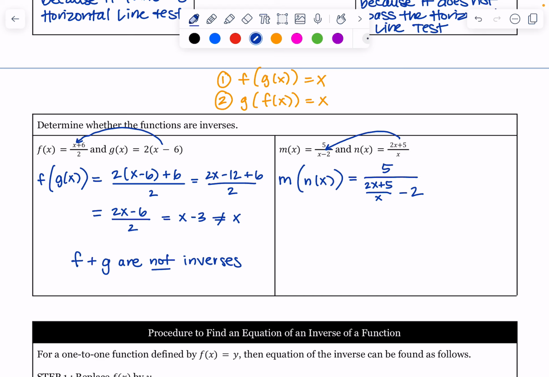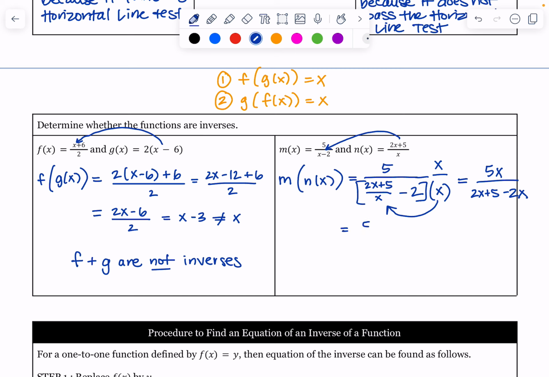So let's multiply the denominator by x, and if we multiply that by x, we need to multiply the top by x. So what that will leave us with is 5x over this big bottom, where the x's would cancel, so I'd be left with 2x plus 5 minus 2x.